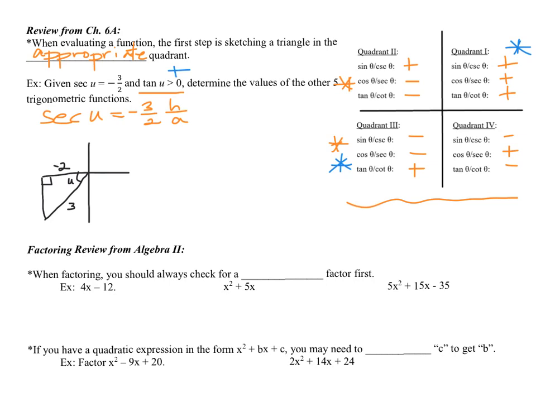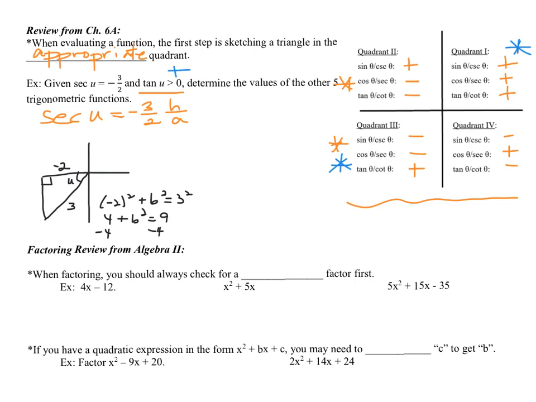To find the other 5 trig functions, we do have to do Pythagorean theorem to get that missing side length. If you do a squared plus b squared equals c squared, we would get negative 2 squared plus b squared equals 3 squared. Negative 2 squared is positive 4, and 3 squared is 9.